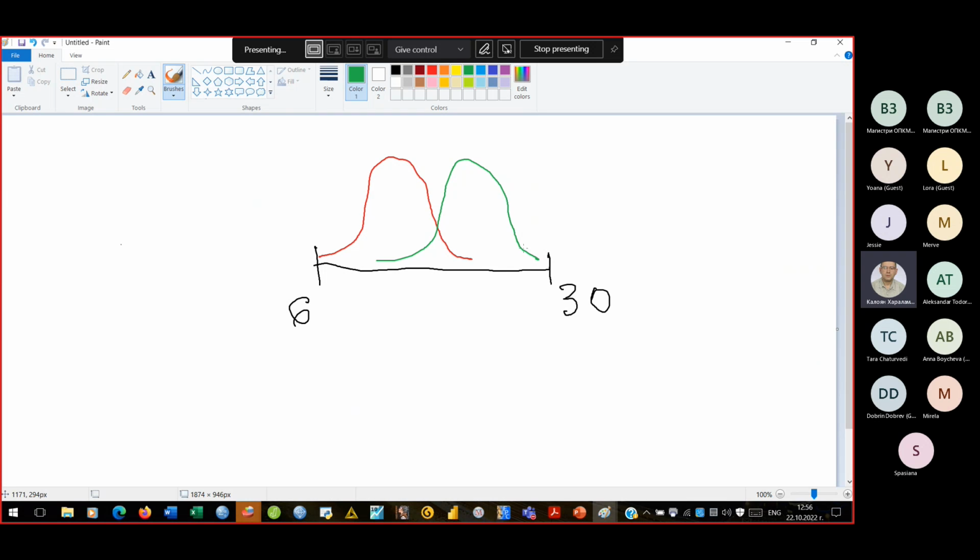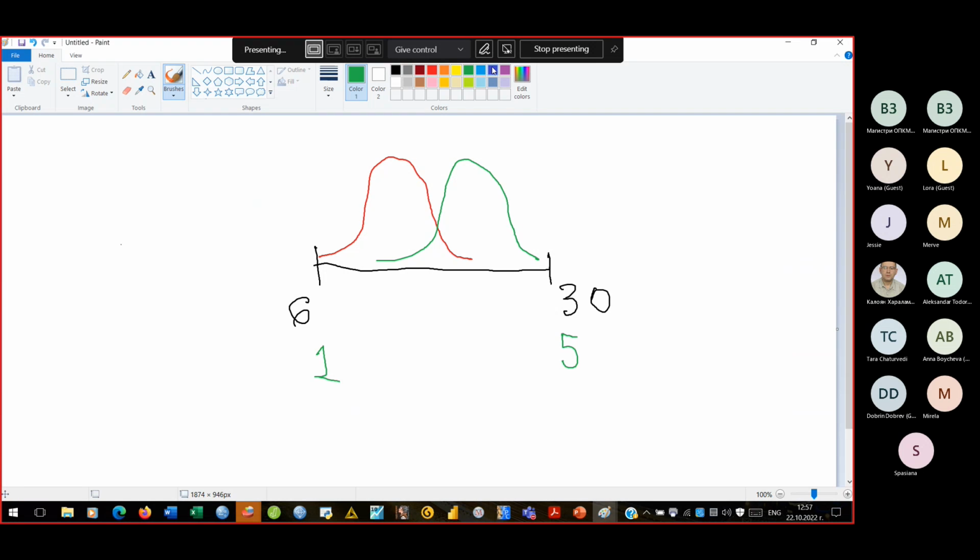When we calculate average score or index, we only change the scale. So if we calculate average score, our scale will be from 1 to 5. But these two distributions remain the same. They are not changed.